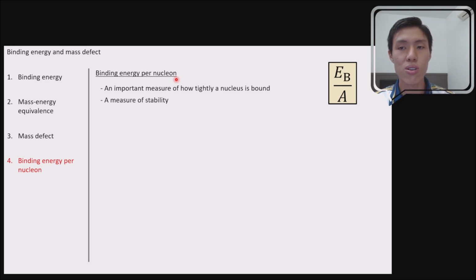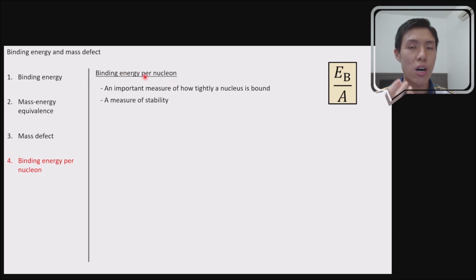So even though binding energy per nucleon is a value, it represents stability. If you think about its definition, binding energy per nucleon is the amount of energy required to remove one nucleon from the nucleus. If I want to extract just one single nucleon from a nucleus, how much energy do I need?